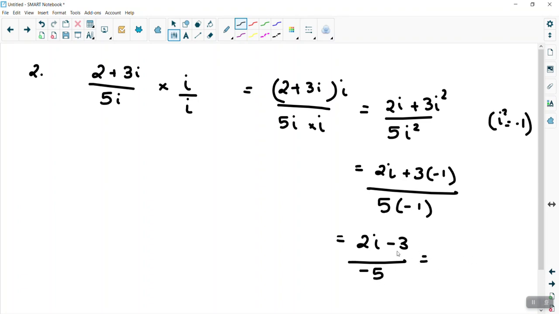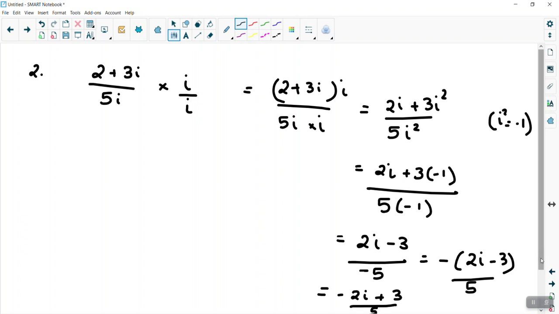You can rewrite this by changing the sign, or you could write it like 2i minus 3 over 5. You could leave it like this, or you could take the negative sign to the numerator, which would give us a negative 2i minus and minus is again plus, so plus 3 over 5.